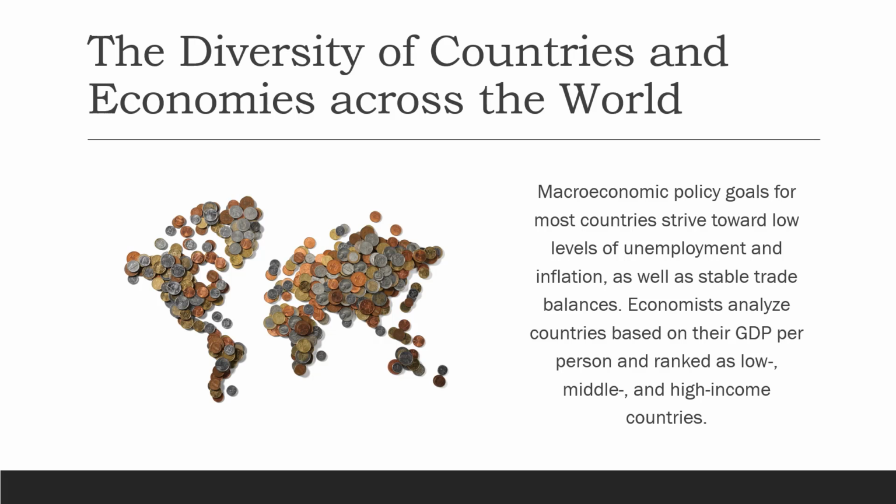Economists analyze countries based on their GDP per person, ranked as low, middle, and high income countries. Low income countries are those earning less than $1,025, which is less than 1% of the global income.